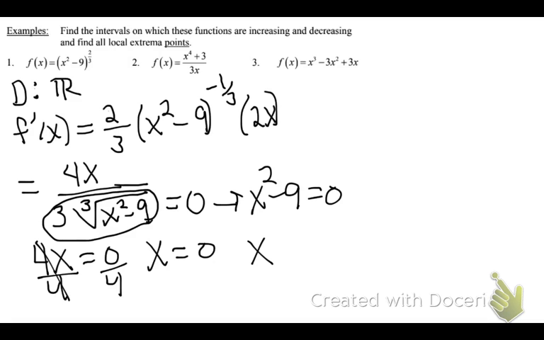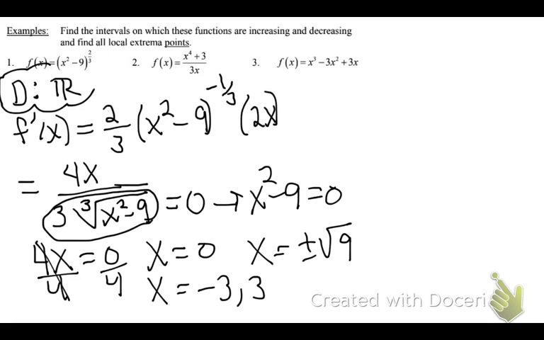So x equals plus or minus the square root of 9, or x equals negative 3 and 3. So we have 3 critical numbers. We didn't have any domain restrictions, so we can go ahead and use all 3.